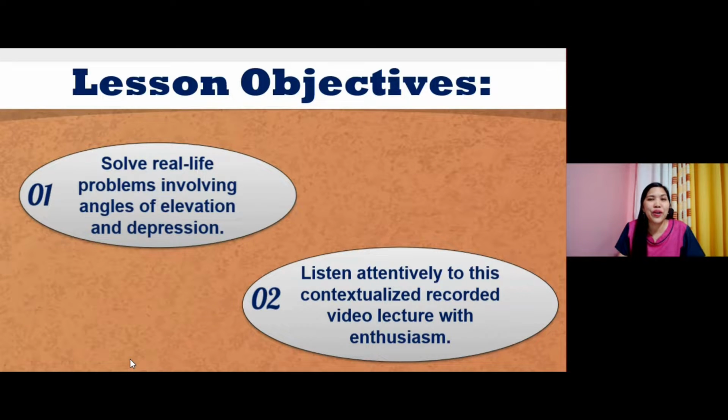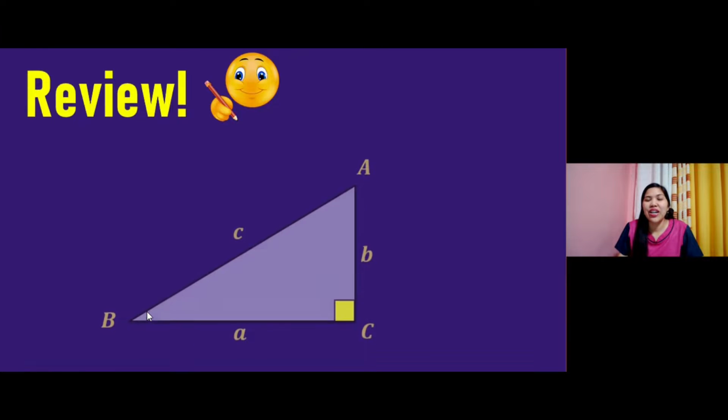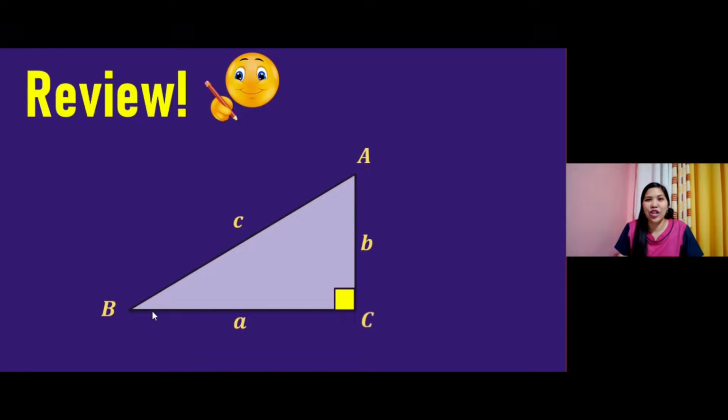But before we proceed with problem solving, let's have first a short review on some of the lessons that you've learned in your module number 1. I have here this triangle. How do you call this triangle? All right, this triangle is what we call a right triangle.